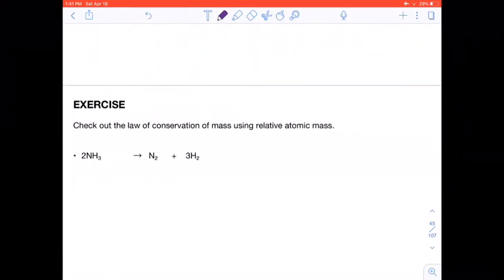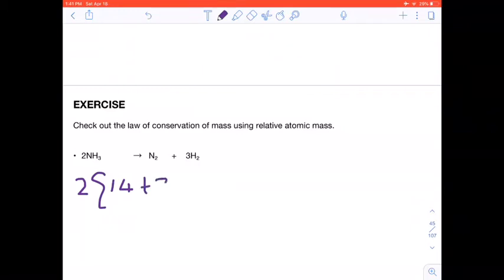Now let's go to the exercise. If you look at the exercise, let's check out the law of conservation of mass using relative atomic masses. So we have 2, so we got 14 for nitrogen, right?